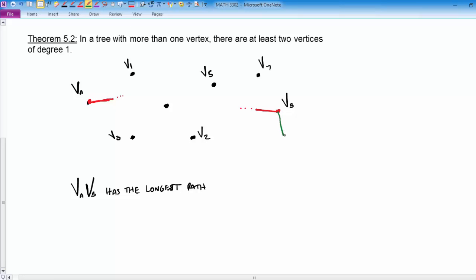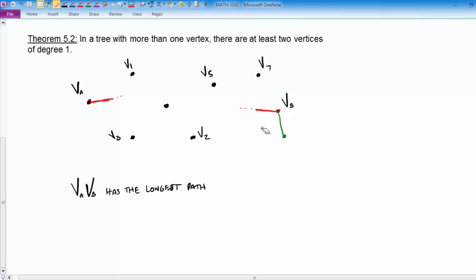If there is another edge, then that is connected to a vertex right there. Well, that contradicts the fact that VA-VB has the longest path. Then that means that VA-VB does not have the longest path. We're able to find a path that is longer than the longest path, which is a contradiction.